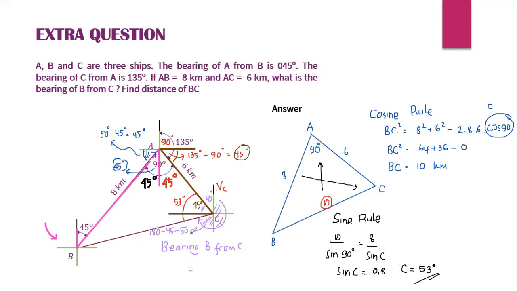We got 82 degrees. So the bearing of B from C is 180 plus 82, so 262 degrees. Is it clear to you? So the bearing of B from C is a half circle plus 82, so we got 262 degrees. Very easy, right? That is how to find the bearing and the distance BC.